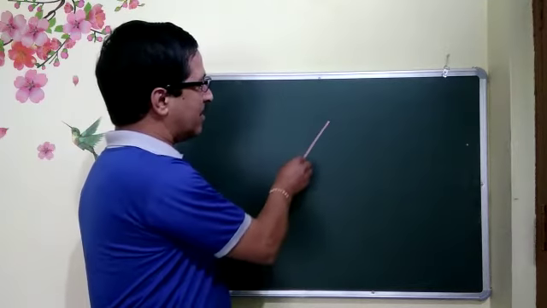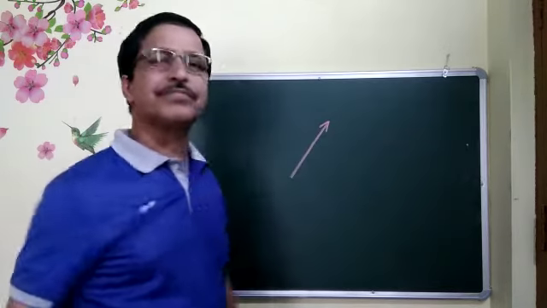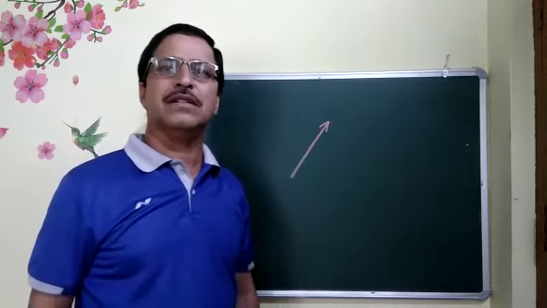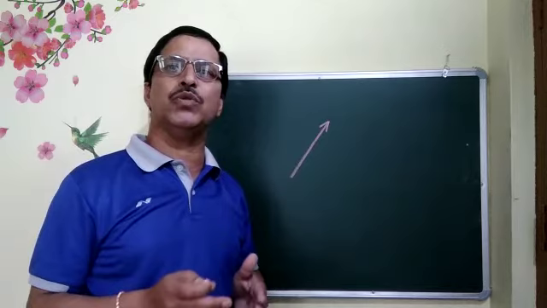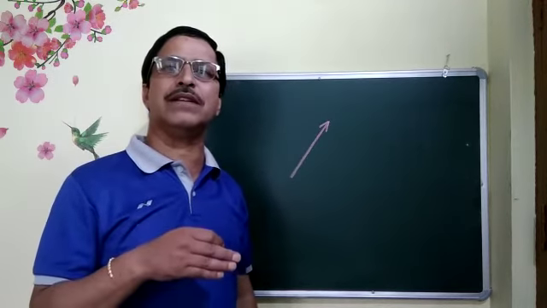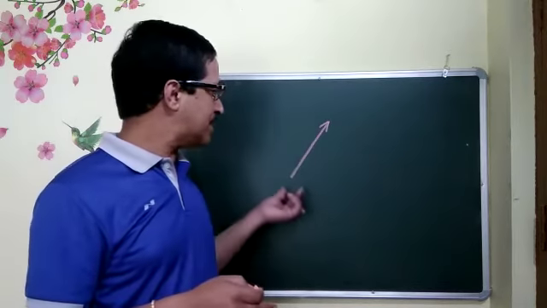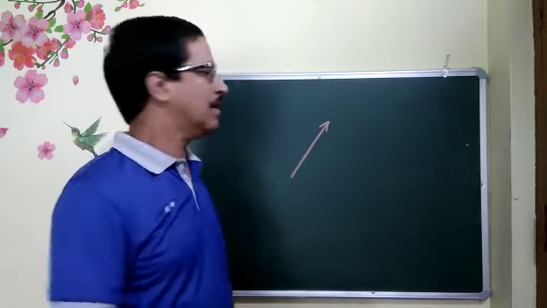So we will take only one particular case in which the vector will be broken into two mutually perpendicular components. That is, those two vectors should be perpendicular to each other, of which this given vector is a sum.